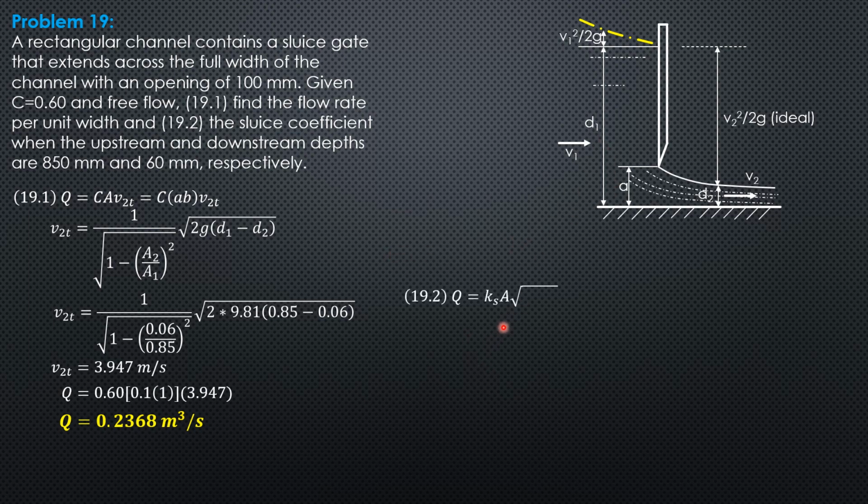So Q is also K sub S, area, square root of 2g times depth 1, where area is just A times 1. And Q is 0.2368, so K sub S times 0.1 times 1, square root of 19.62 times depth 1, which is 0.85. So solving for K sub S, it is equal to 0.5799. So that's the sluice coefficient.